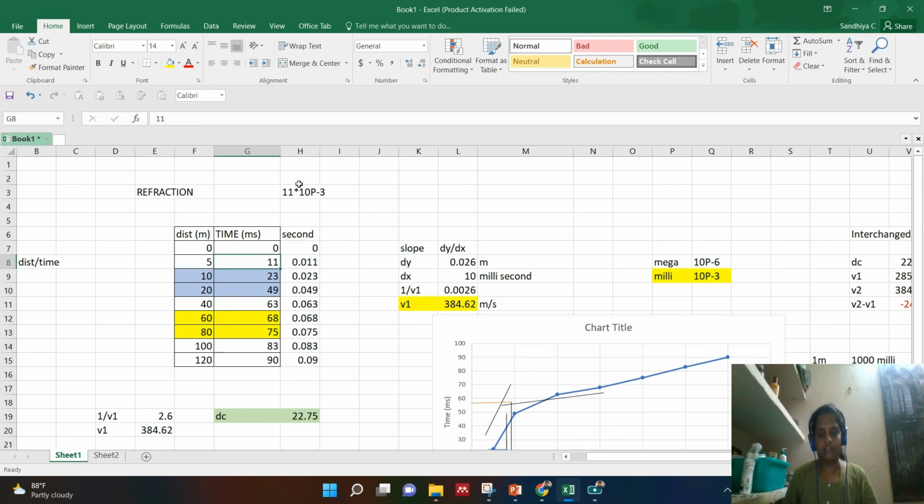This is nothing but 11 into 10 power minus 3. I have given that here. So now you will be getting the correct answer. So dy is 0.049 minus 0.023 and your x value is 20 minus 10. dy by dx, then 1 divided by dx. Now you will be getting the exact value. Clear?